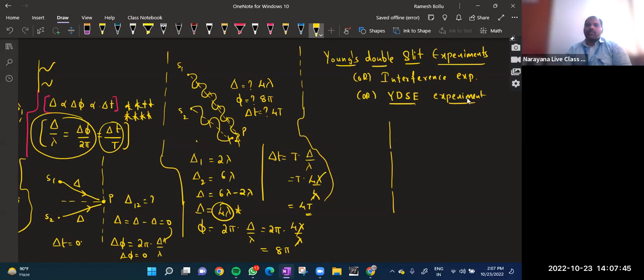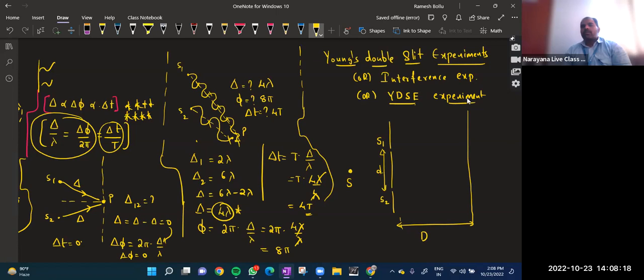Behind the cardboard, one real primary source of light is there. As I told you, these two holes act like secondary sources of light: one is S1 and the other is S2. Let the distance between the two sources be small d. I am keeping one screen here. Let the distance between the screen and the plane of the slits be capital D.